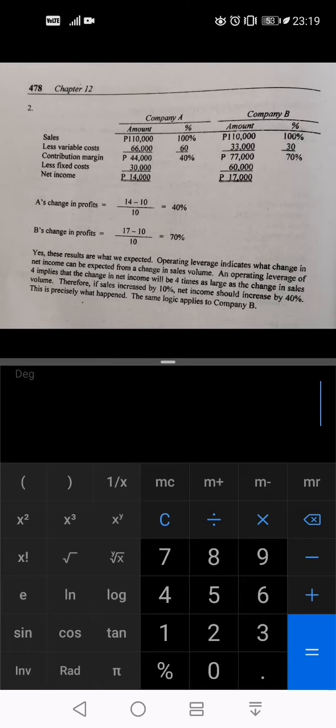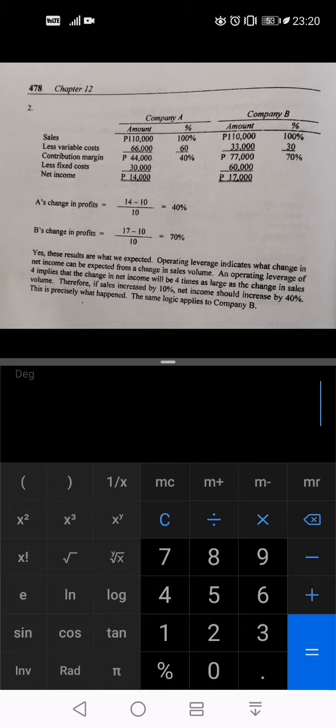Let's proceed to how to get the net income of companies A and B. As you can see, company A has sales of 110,000, which is 100%. Company B also has the same sales, less variable costs, but they have different variable costs: company A has 60% and company B has 30%.